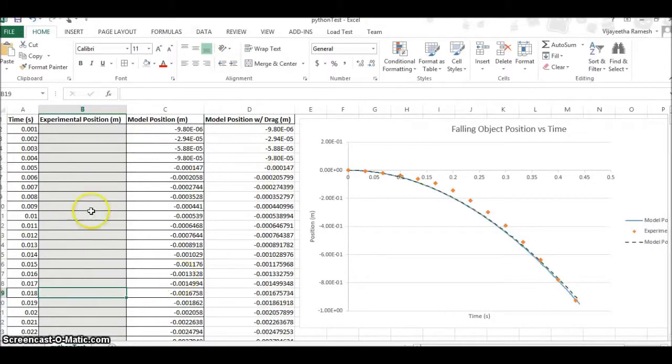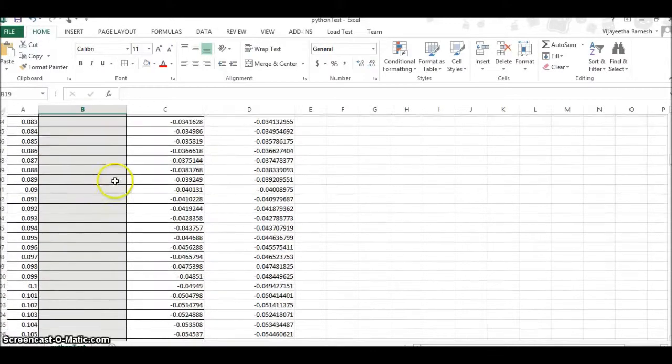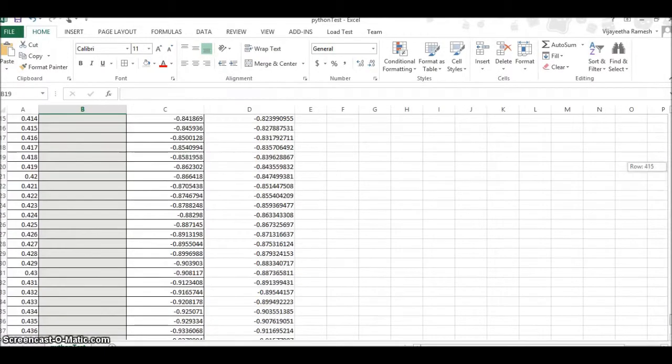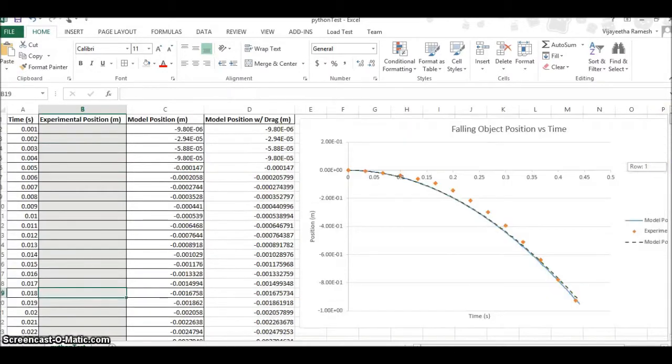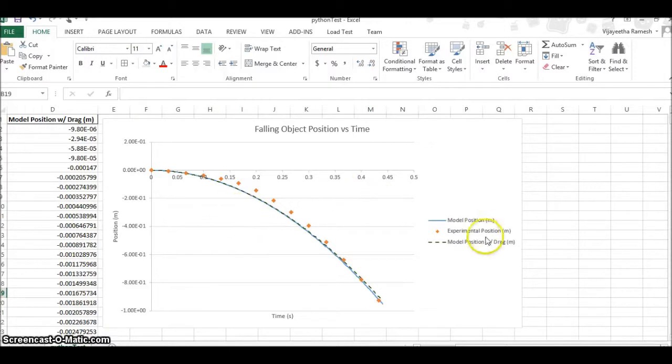Here are all my tables with the model position data and the model position with drag, and the experimental position data is down here. And here's my graph, and we can see that the experimental position has some discrepancies here, and the model position with drag tried to help a little bit, but it still did not help the accuracy much.